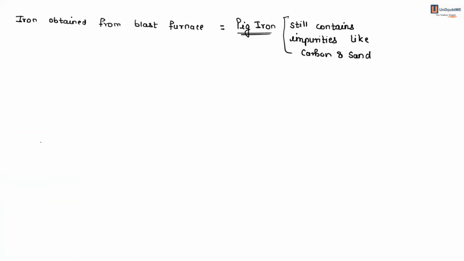What is pig iron used for further? Pig irons are basically soft irons. They are converted into molds, and that iron is now called cast iron.